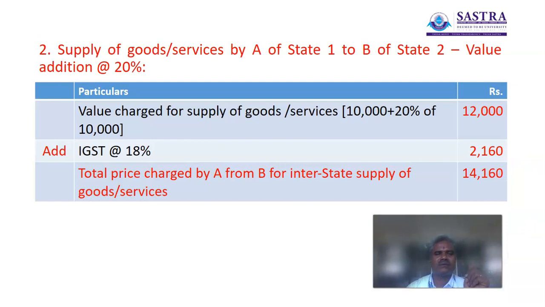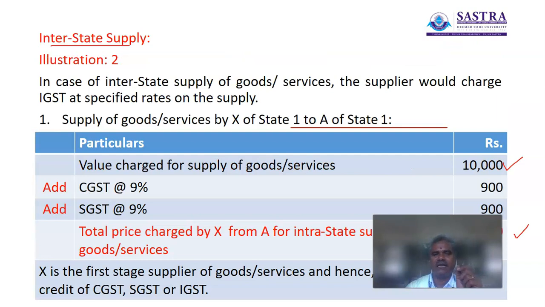Now, supply of goods by A of state 1 to B of state 2. Here A bought goods from X. So here A has ITC because he is paying tax for purchase.